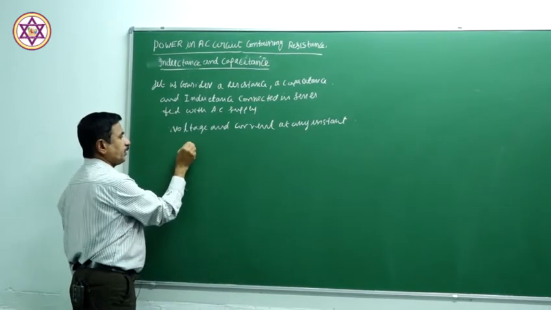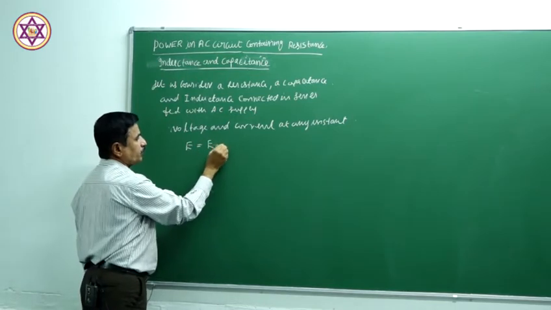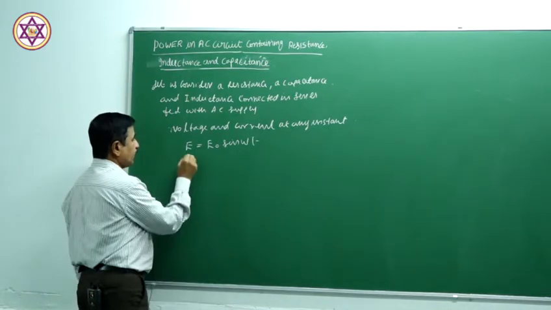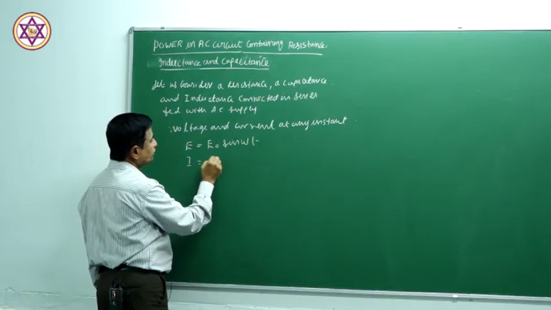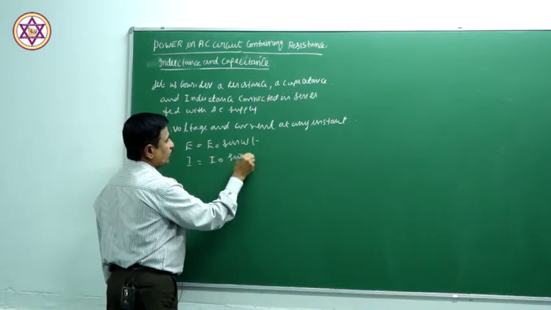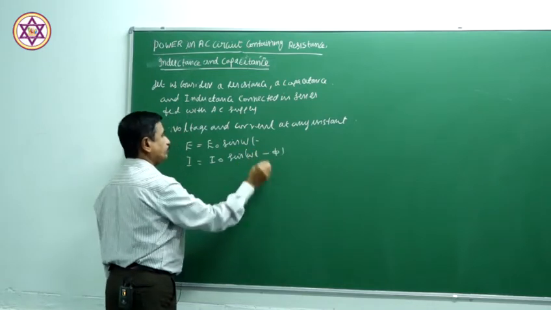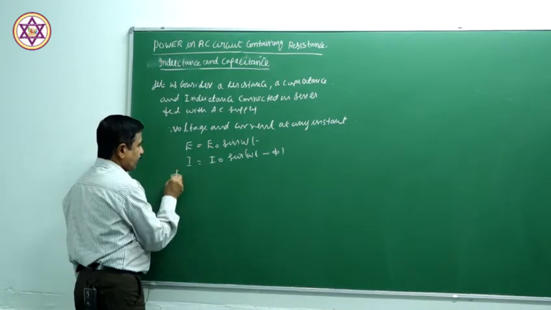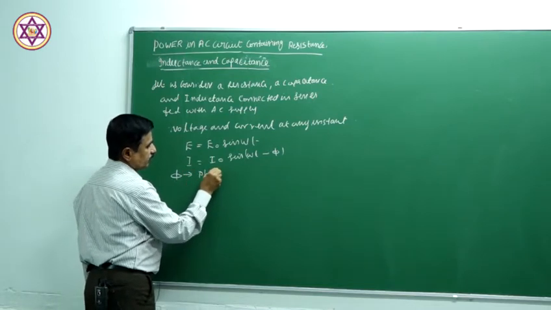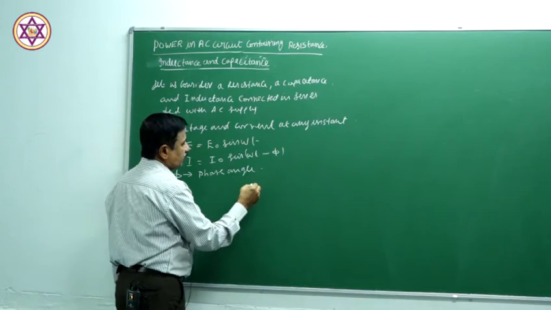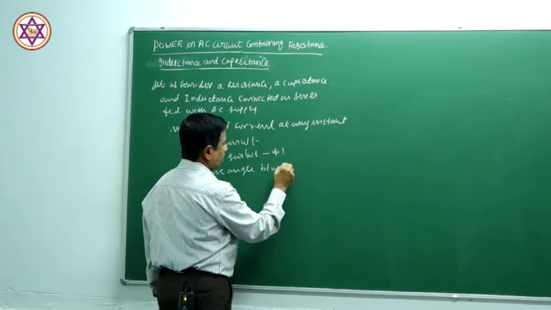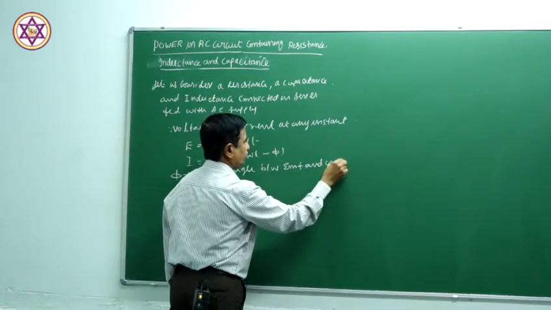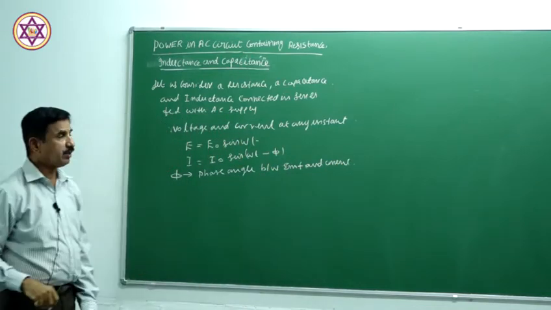E is equal to E naught sin omega t is the voltage at any instant, and current I is equal to I naught sin omega t minus phi is the current at any instant in an LCR circuit, where phi represents the phase angle between the EMF and current.